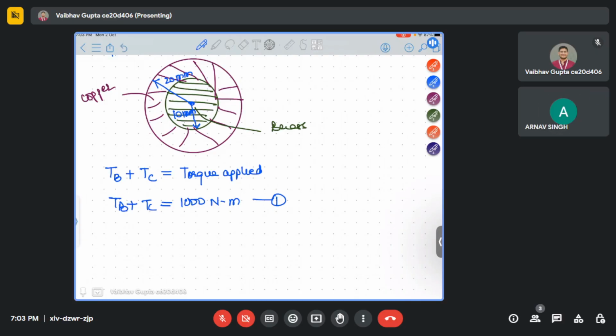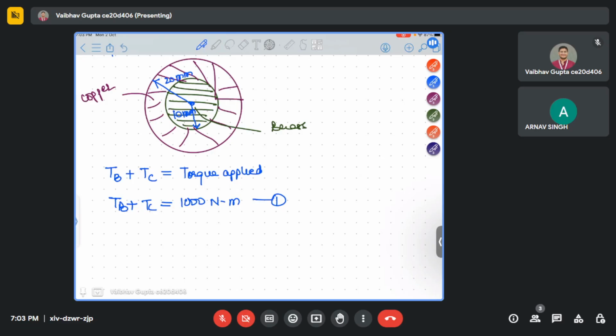Suppose if you see electrical wire, inside some small wires are also there, and an outer coating is also there. So if you stretch the wire or if you twist the wire, both inside wire and outer coating will experience some different level of twisting. Are you feeling it? Yes, sir. So this is the same thing.